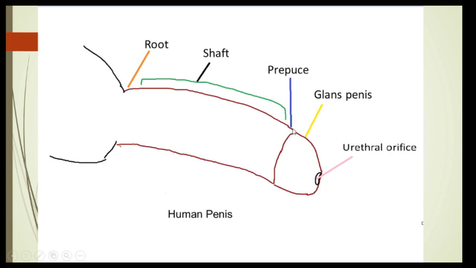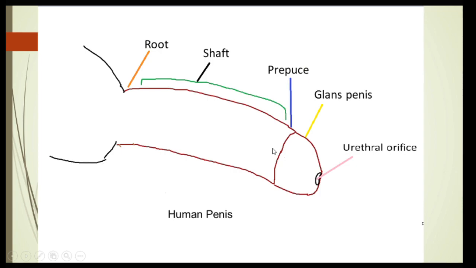Next we can see this is the glans penis. This is the head of the penis. It is a spherical part, the head of the penis, and this is called the glans penis. Over the glans penis there is a skin, and that is called the prepuce. This skin is called the prepuce, or it is also called the foreskin.